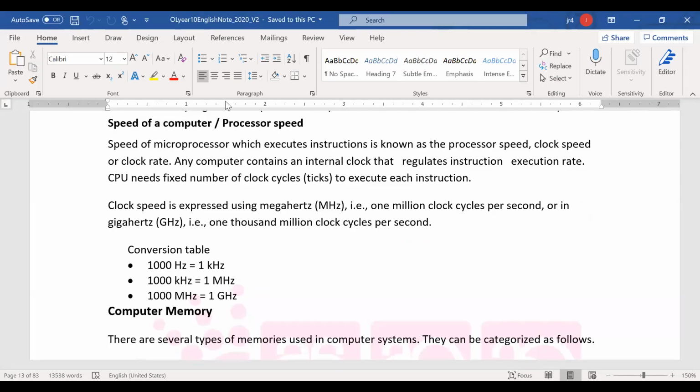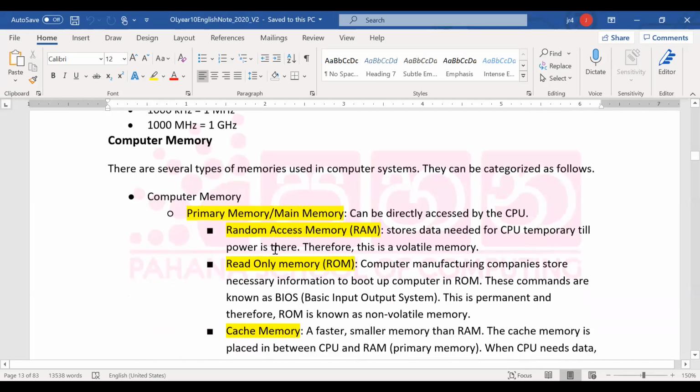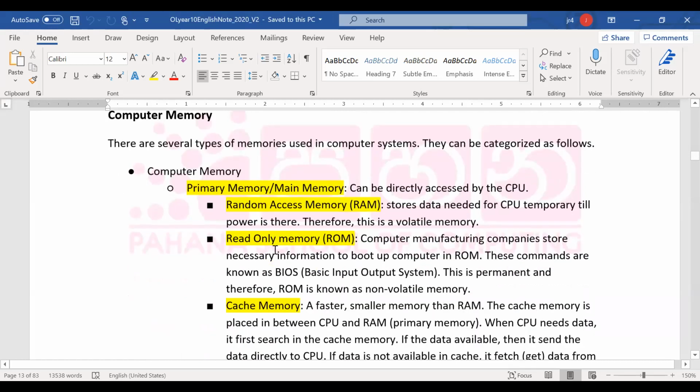Right. The next thing is we would like to discuss the memories. Right now we discussed there's a very small memory inside the CPU, which we call memory registers. But when we work with the computer system, the primary memory or main memory, in short RAM, is there to store whatever data is needed for the CPU.